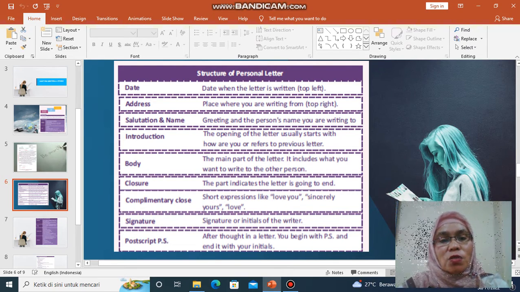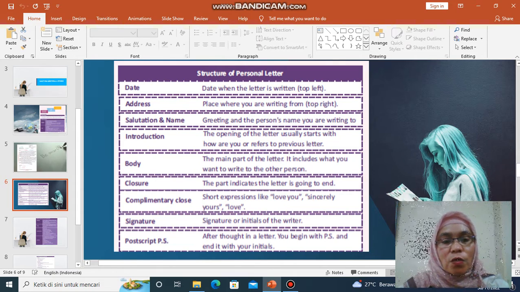And then introduction also, here is the warm situation for you to say. And the body or the content of the letter, it is the main part of the letter, because in the body you will tell everything that you want to write. You will tell everything that you want to inform.